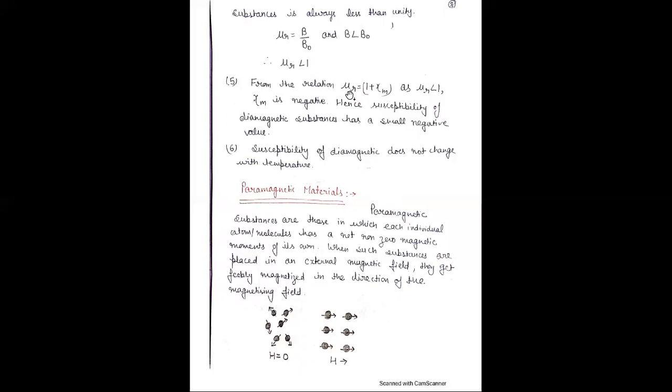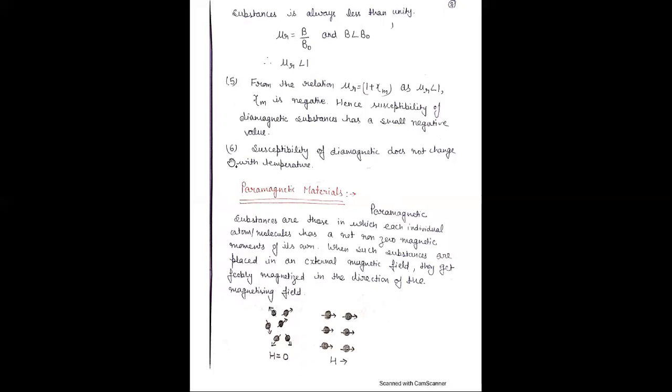If mu r is 0, then xi m is equal to minus 1. Therefore, the susceptibility of diamagnetic substances has a small negative value.